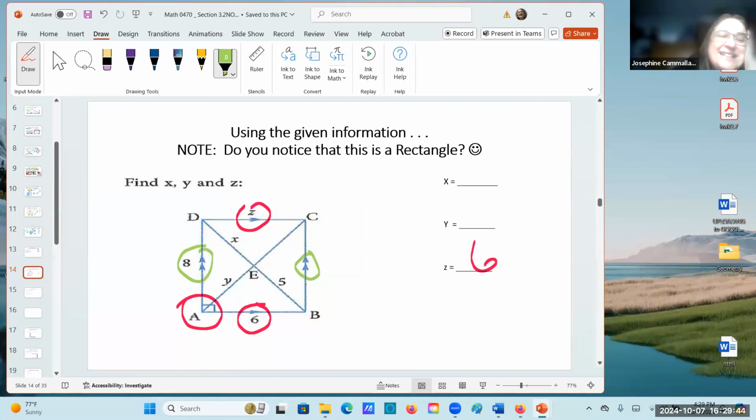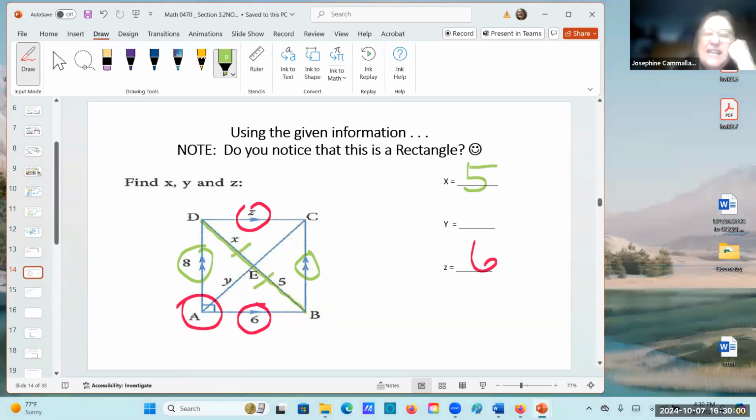But this diagonal is bisected, so X is 5. They've got to be the same. This side and this side are the same.